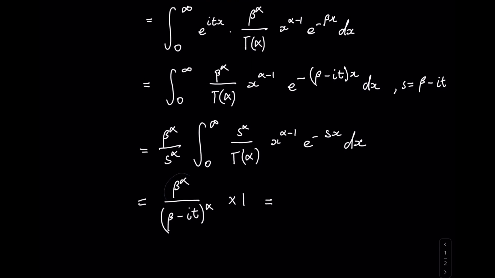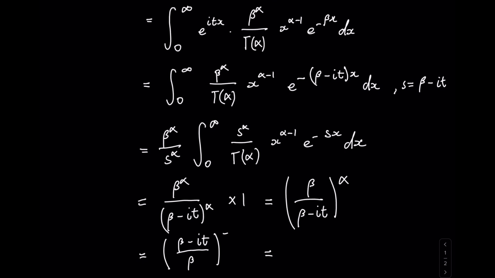Given that, we can do a bit more simplification. We can bring the power out of this fraction expression, so that gives us beta on beta minus it to the power of alpha. Finally, if we take the reciprocal of what's inside the brackets, we can say that's beta minus it on beta, but now to the power of negative alpha.